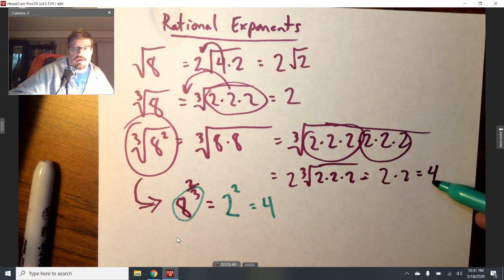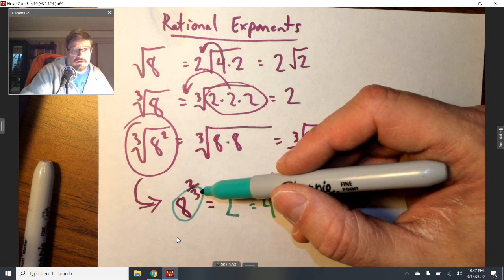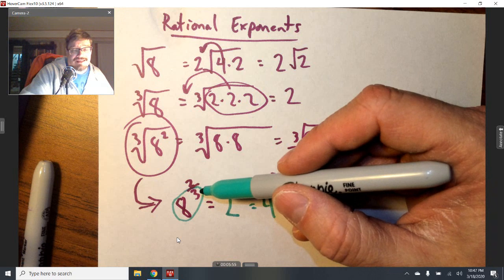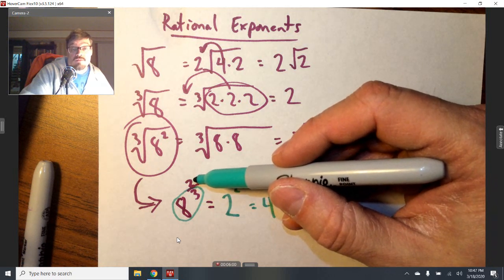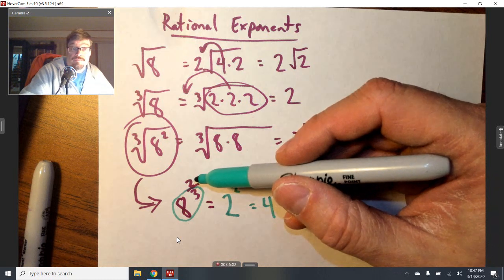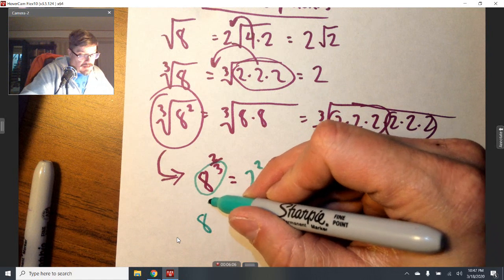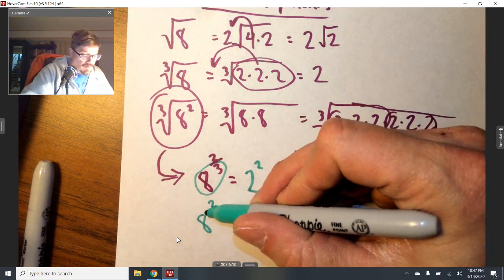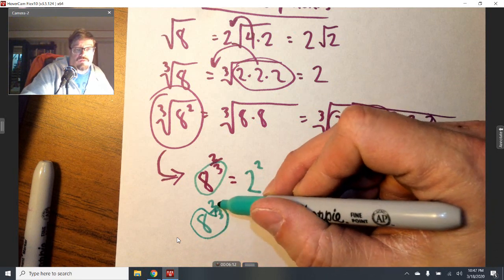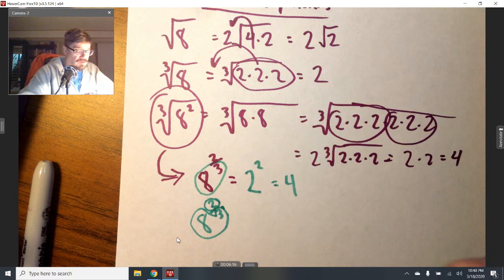So again, the root is represented here, and the exponent represents the power. So 8 to the 2/3 means that I took the third root and then raised it to the second power.